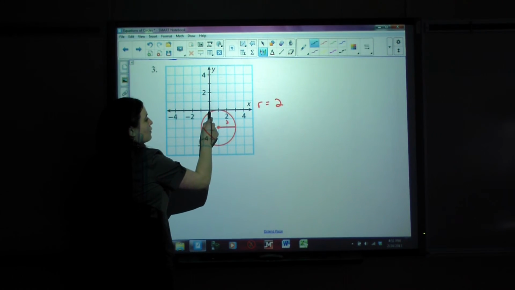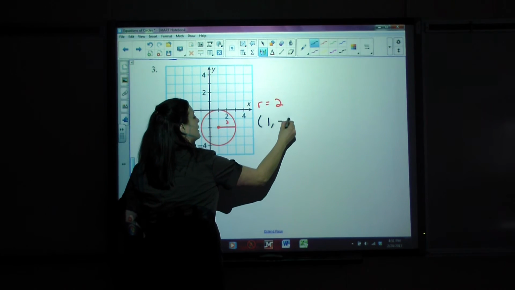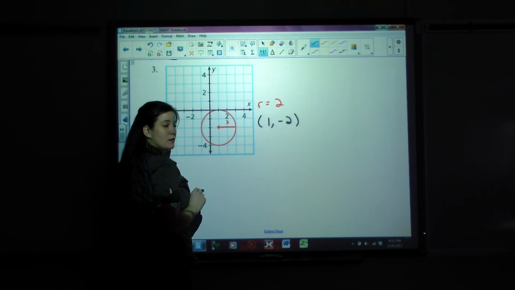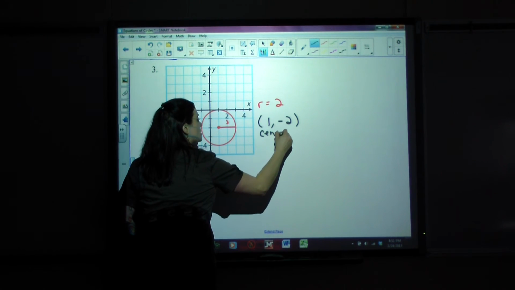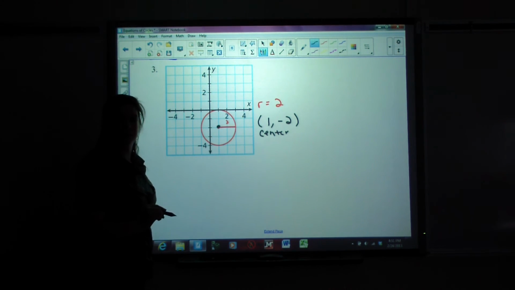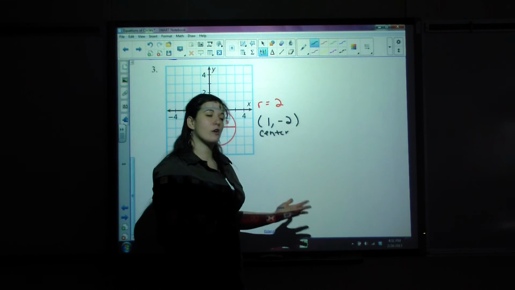And if we start at our origin, if I go right 1 and down 2, that's the actual point (1, -2). That's the center of the circle. So by just looking at our picture, I should be able to identify where is the center and what is its radius.